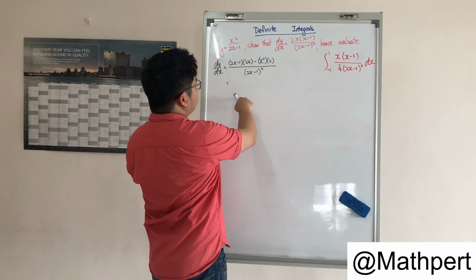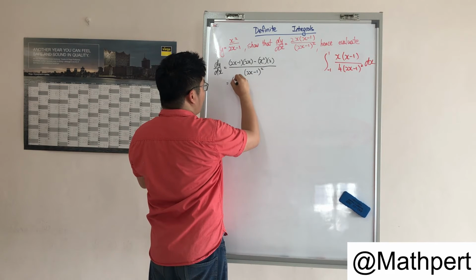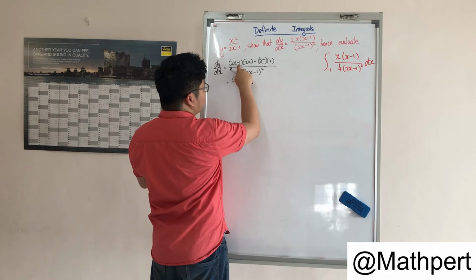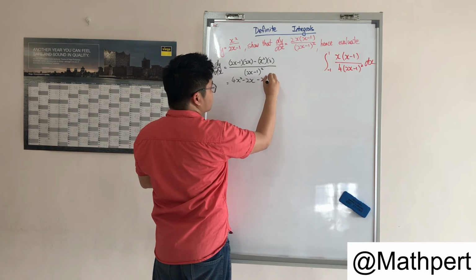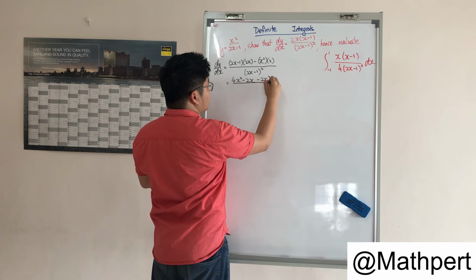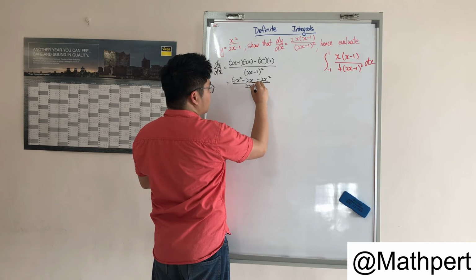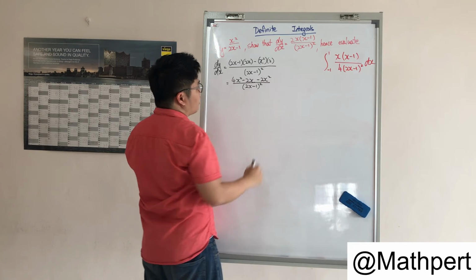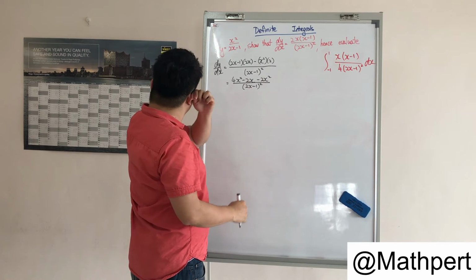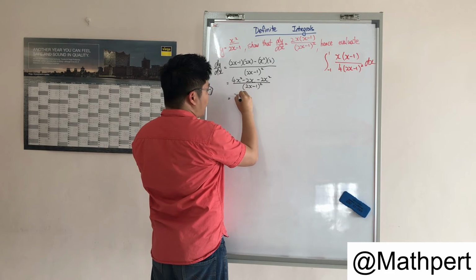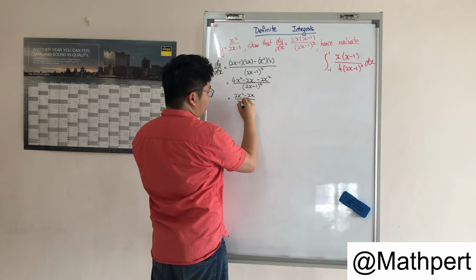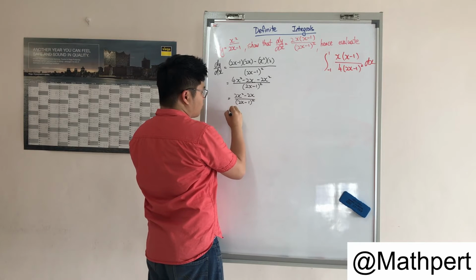Expand this one, you get 4x squared minus 2x minus 2x squared, divided by (2x minus 1) squared. So here we get 4x squared minus 2x squared, 2x squared minus 2x. Then the denominator will be (2x minus 1) squared.